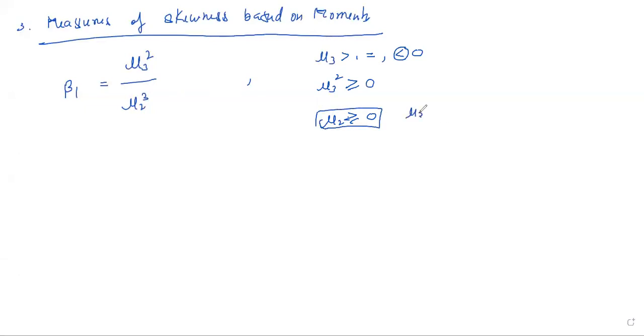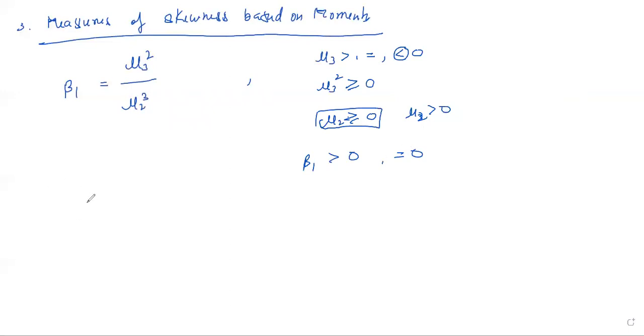Mu2 is always positive. Mu3 takes any value, negative, positive or 0, but when we take a square, it becomes positive. So in this case, beta 1 tells whether it is positively skewed or symmetric, but it does not tell anything about negatively skewed data.